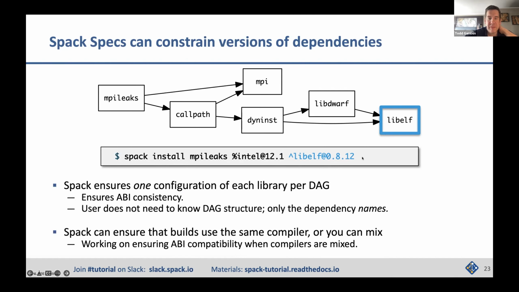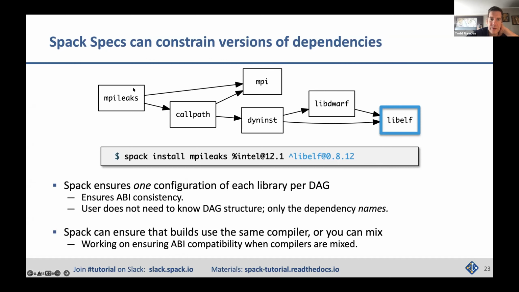So I'll specify that on the command line. The cool thing about this is that you don't have to know the overall structure of this graph. You just have to know that libelf is in there somewhere. If you write that on the command line, it makes sure that the libelf version that I'm building is the one that I want. But you don't have to know, for example, that MPI leaks depends on call path, depends on dynist, depends on libdwarf, and that's how you get to libelf. You just need to know that it's there.